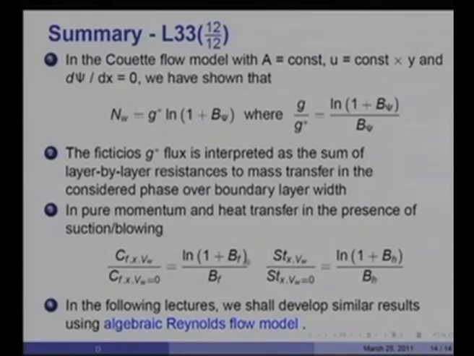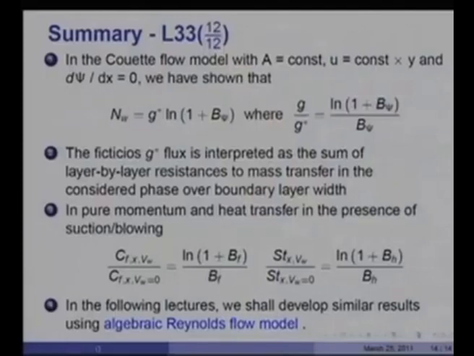So, the Couette flow model recovers essentially the results expected from a boundary layer flow model. It also recovers the results expected from the Stefan flow model, and in turn gives us an opportunity to evaluate the effect of property variations, which we shall take up in subsequent lectures.